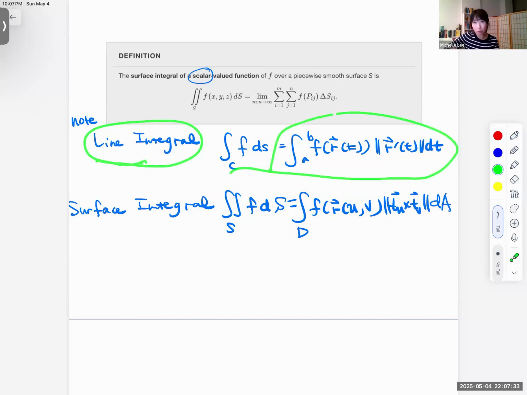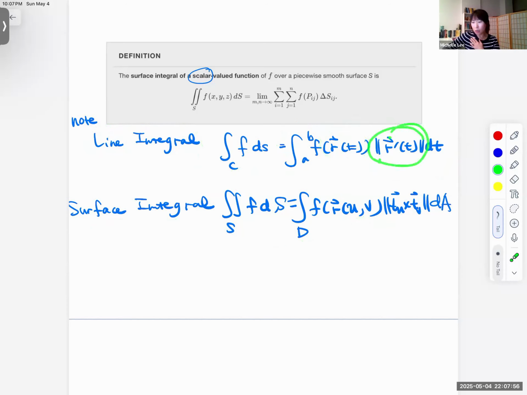We are using the same formula here for the surface integral, but instead of r over t, we are using two parameters, u and v. The magnitude of r prime over t is the tangent vector, so we are using the magnitude of the cross product of the tangent vectors.